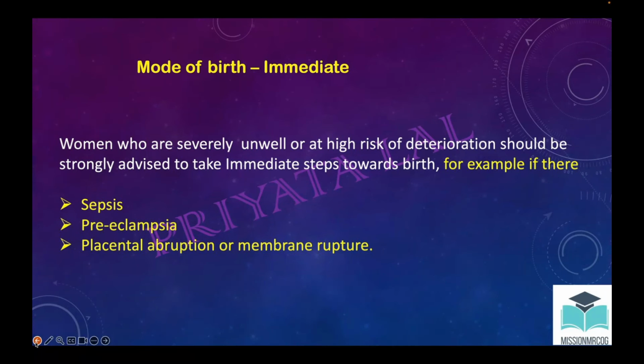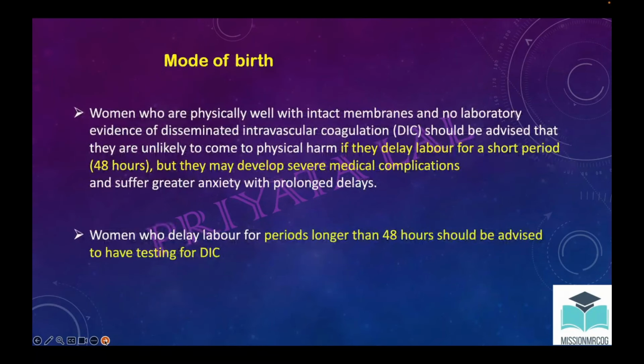If she wants to delay induction of labor, you have to rule out that she has sepsis, preeclampsia, abruption or membrane rupture. Okay, so this is very important for all people.